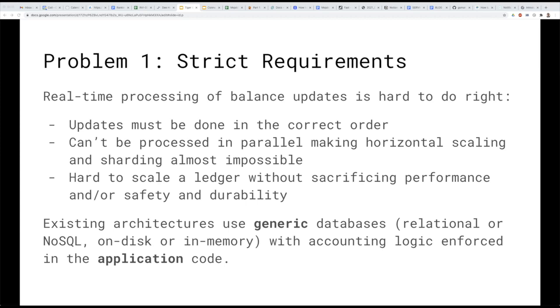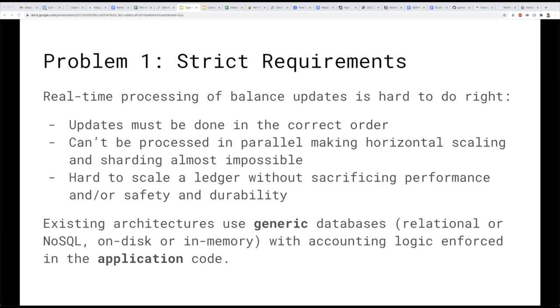It's not impossible to shard a ledger, but it certainly adds a lot of complexity. And so it becomes very hard to scale without making some sacrifices somewhere. In general, what we've seen is that existing architectures will use generic persistent stores like a database, a NoSQL database, or a key value store, and then the application will apply all the accounting logic.